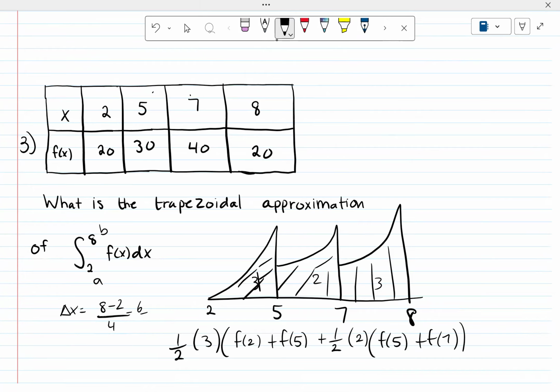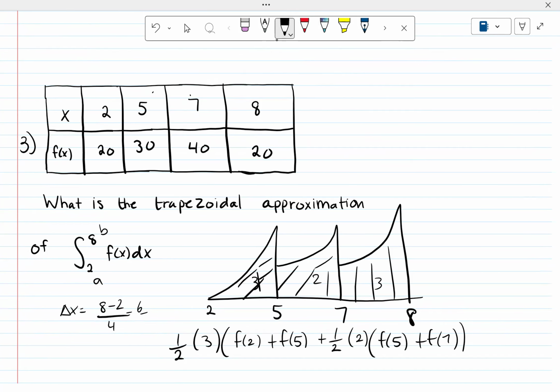And then, is that it? Hold on, did I do this? 1/2 times 3, 2, so 1/2, 7, 2.